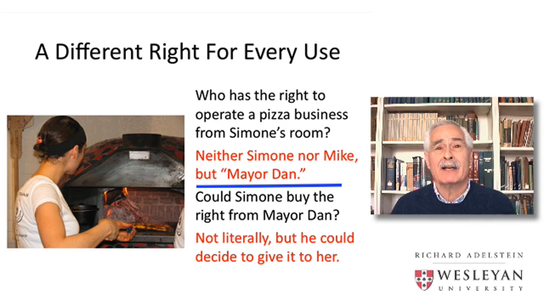Obviously, operating a pizza business is not anything that's intrinsically wrong. Pizza businesses operate everywhere quite legally, and people enjoy the pizzas that they make, and everybody is happy. But pizza businesses can't be opened just anywhere, and almost every part of the United States has what are called zoning laws.